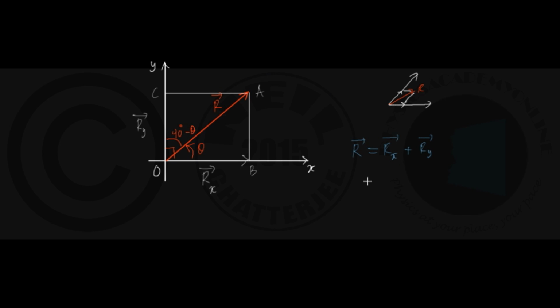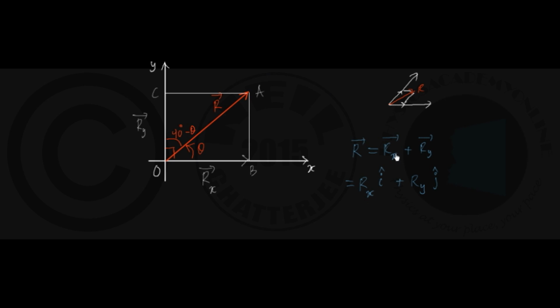Actually you can write this as Rx component, that is a scalar quantity, into i cap, being the unit vector along plus x axis. Similarly, Ry vector has a magnitude of Ry into j cap, this j cap being the unit vector in the plus y direction. Of course, Rx and Ry are called components.